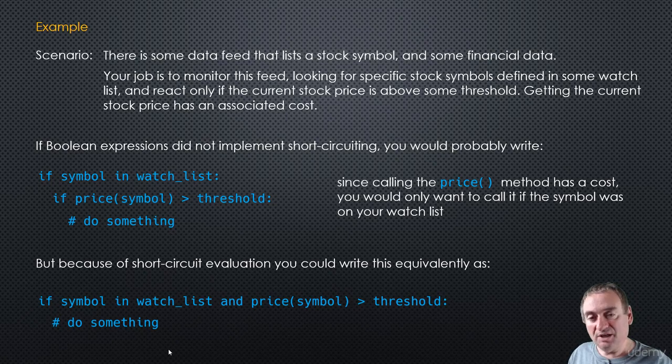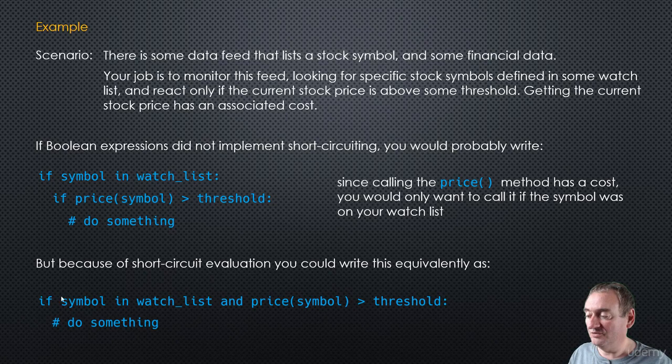Well, that's equivalent because of the short circuiting. If the symbol is not in the watch list, then this will evaluate to false. And because of short circuiting, false and anything is always false, so the right side will actually not get evaluated. Python will not run the right side of the AND statement because it says, well, I don't need to know, this is false. So I can basically skip it and just return false.